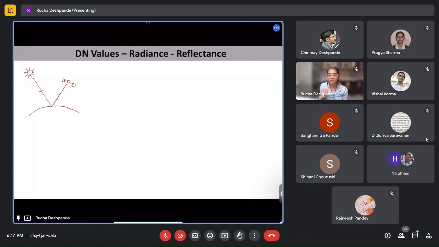So the data which is recorded by the satellite, the detectors in the satellite will measure the amount of energy that the surface is reflecting, and it will measure that energy in terms of DN values, right?